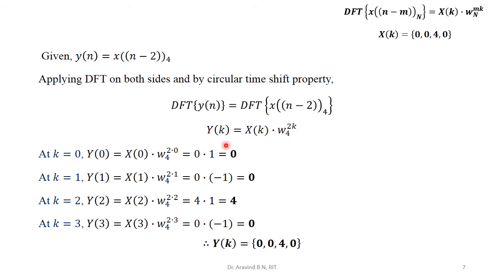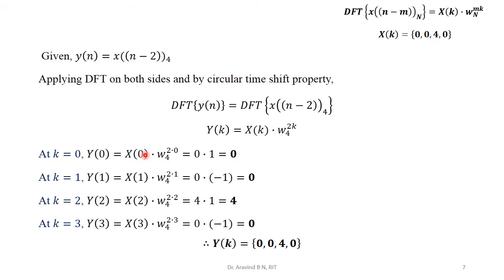Now keep substituting for k from 0 to 3. So that's what has been done over here. At k is equal to 0, y of 0 will be equal to X of 0 omega_4 to the power 2 into 0. So that value will be equal to 0 into 1, that will be equal to 0. This X of 0 is whatever the X of k we have calculated from the first part of the calculation, the same value we have taken over here.